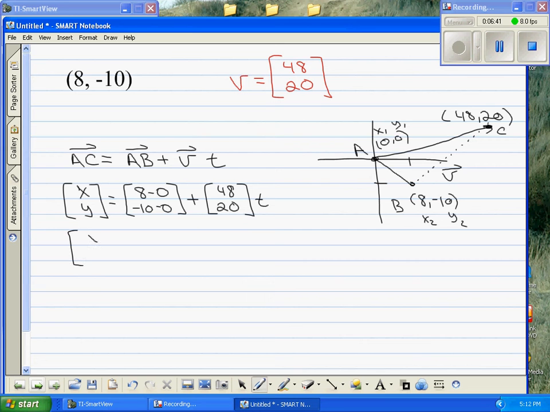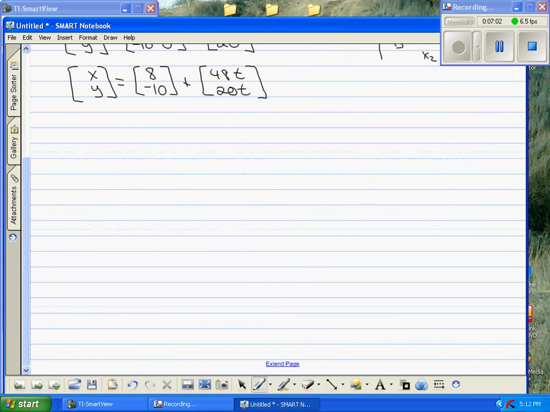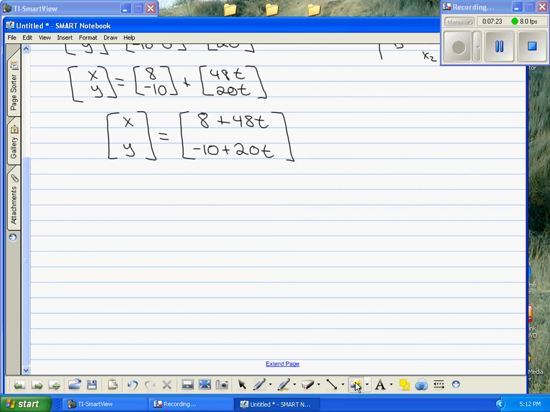Simplifying this, (x, y) is equal to (8, -10) plus (48t, 20t). Now I could combine this all together, or I could leave my answer just like that. (x, y) is equal to (8 plus 48t, -10 plus 20t). And here I have my position vector.